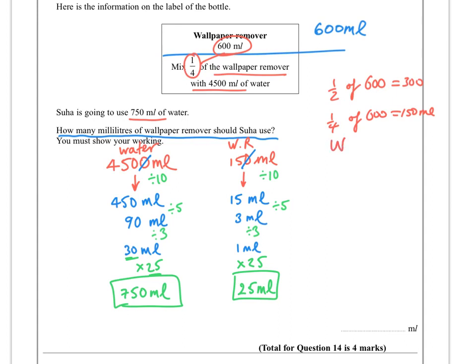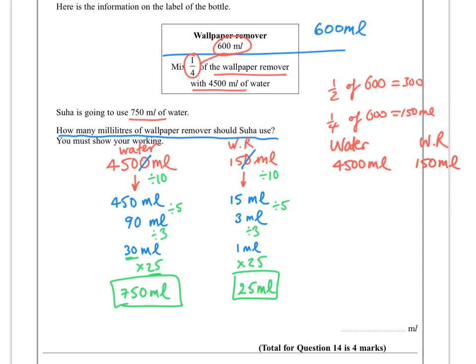So let's do water here and wallpaper remover. Let's say 4,500, because I'm conscious that we don't have a calculator, okay? So we've got to think really carefully here. So we've got our 150 mils that we started with. Now I'm just trying to think, is there another way of doing this?